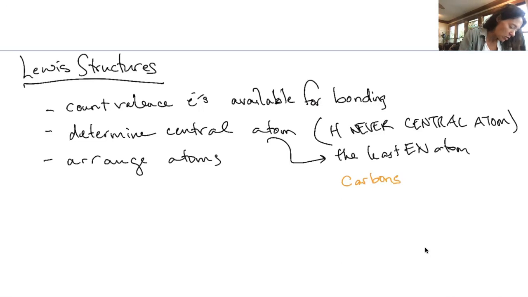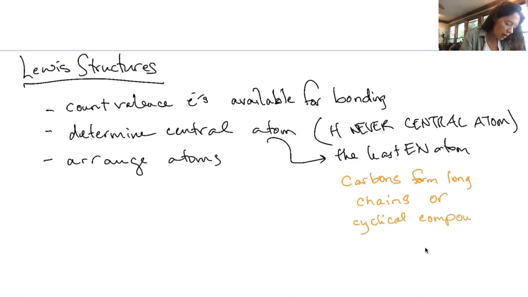So carbons love to form long chains, or cyclical compounds. They call them cyclo compounds, cyclical compounds.